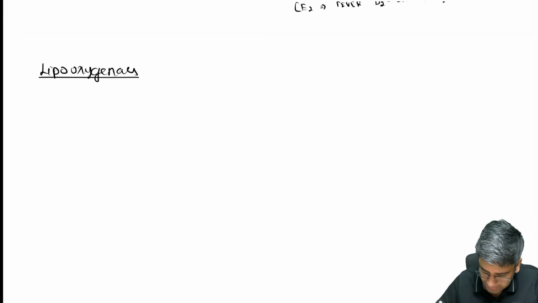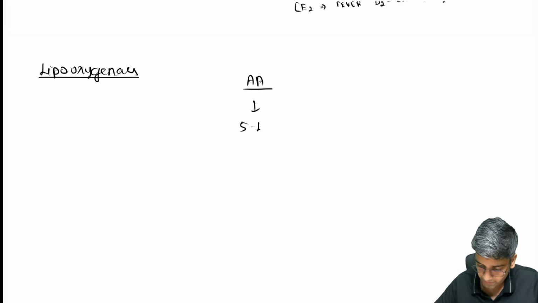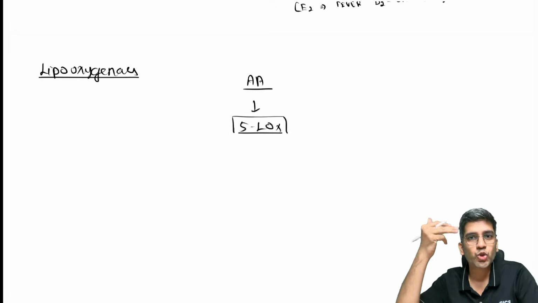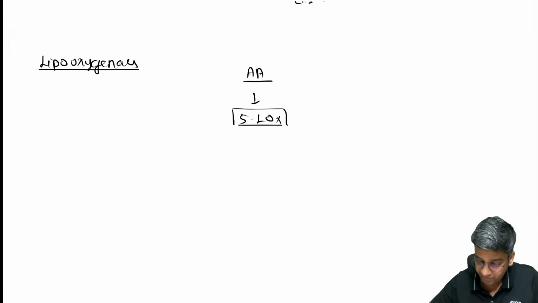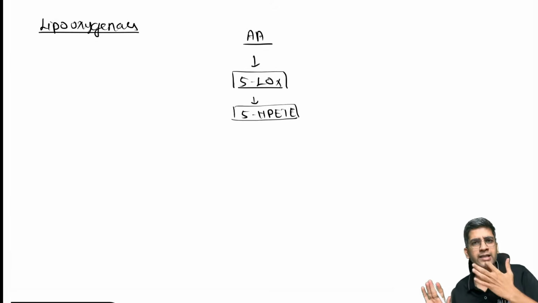So from arachidonic acid, we have the lipoxygenase. The first one is the 5-lipoxygenase. Number 5 comes first, so think of 5 as the first one, right? 5 gives an intermediary called 5-HPETE. If required, write this, otherwise just say it's an intermediate.